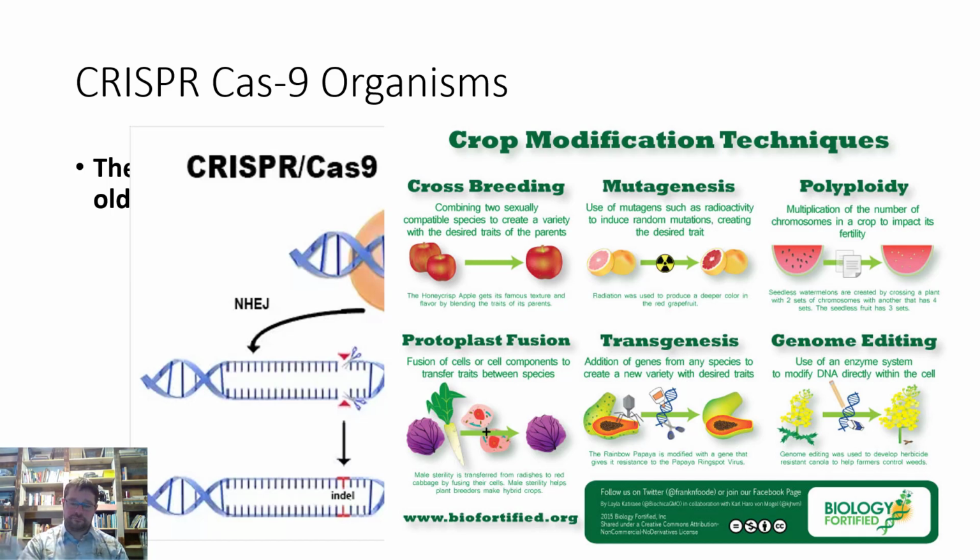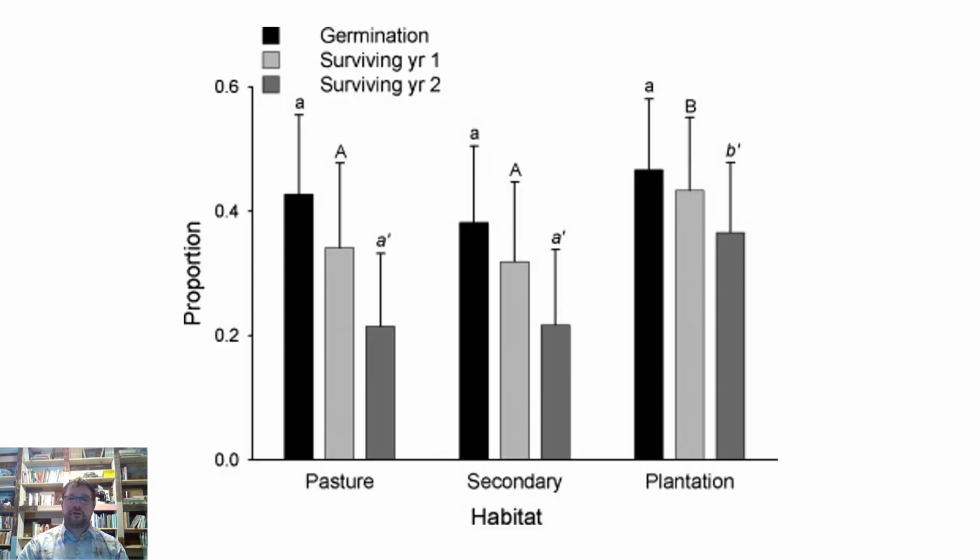Okay? It is manipulated mustard plant. Okay? All right. Now, why choose GMOs or CRISPR? Well, here's a pretty good example of what's going on. So, if we look at pasture land or secondary habitat, and we look at these habitats here and we say, okay, what is the germination rate?